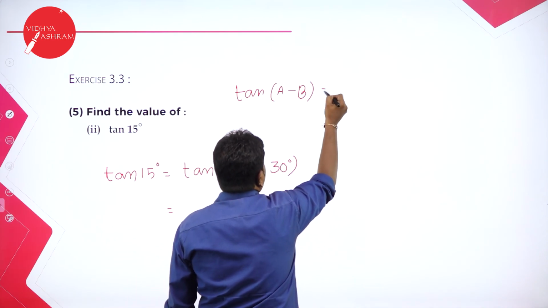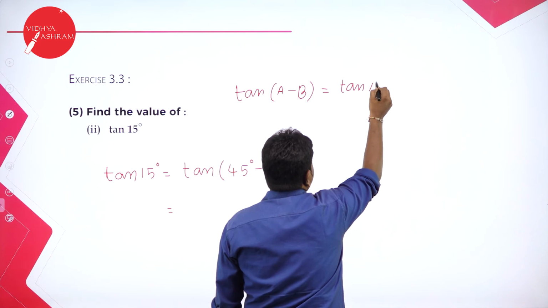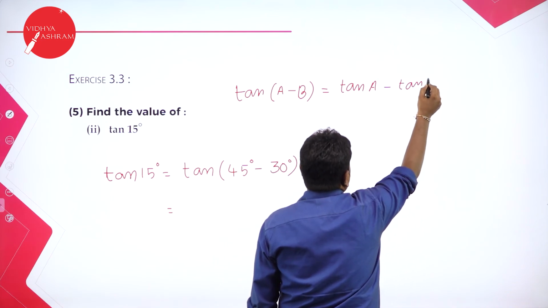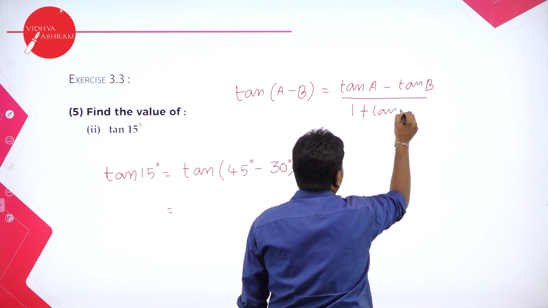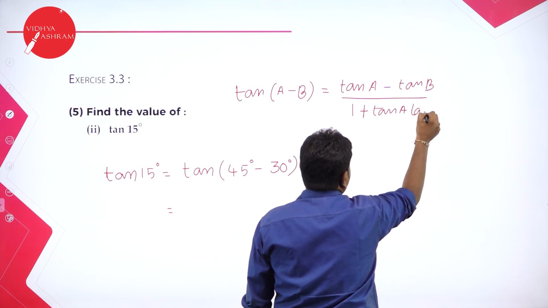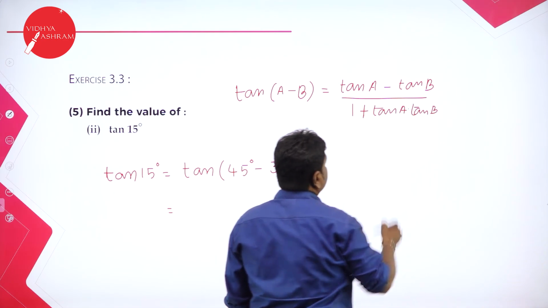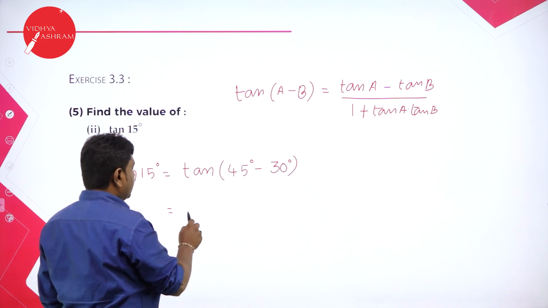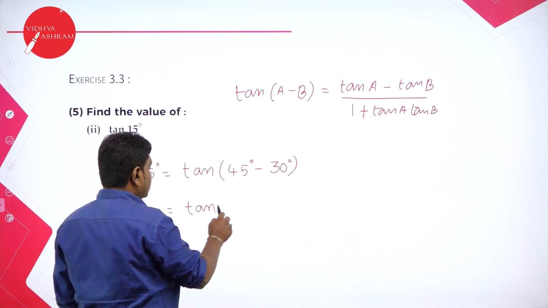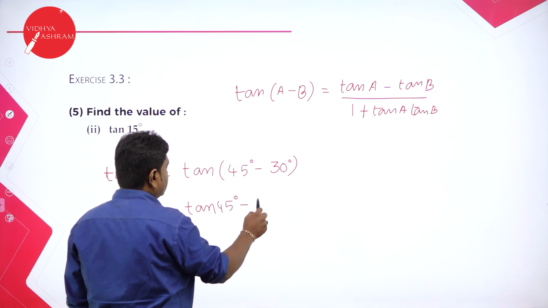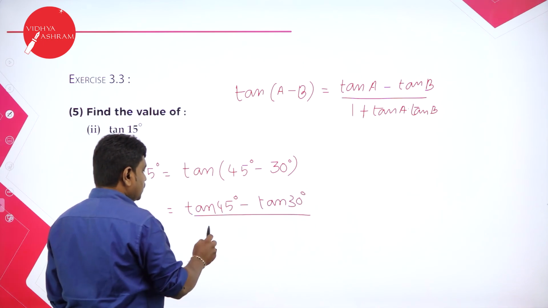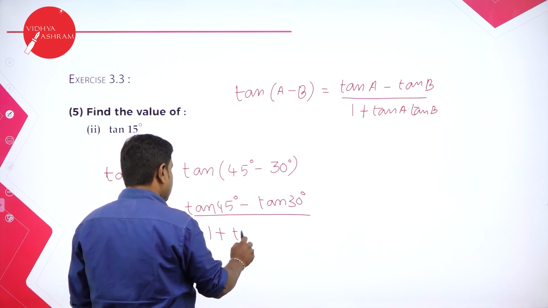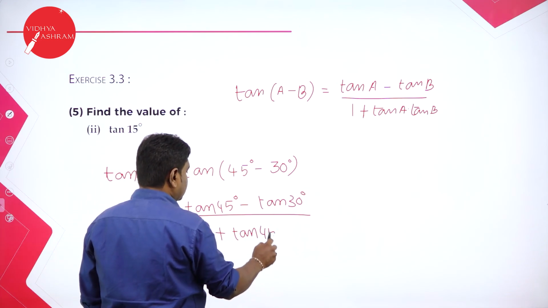Tan of a minus b is tan a minus tan b divided by 1 plus tan a into tan b. Now substitute. So tan of 45 minus 30 is tan 45 minus tan 30 divided by 1 plus tan 45 into tan 30.